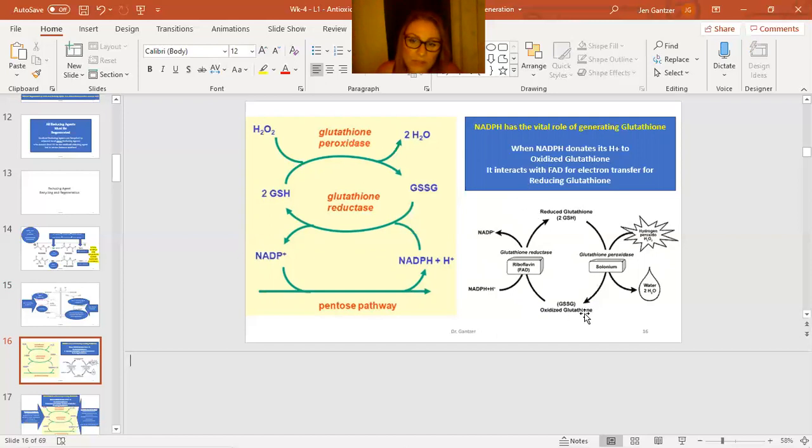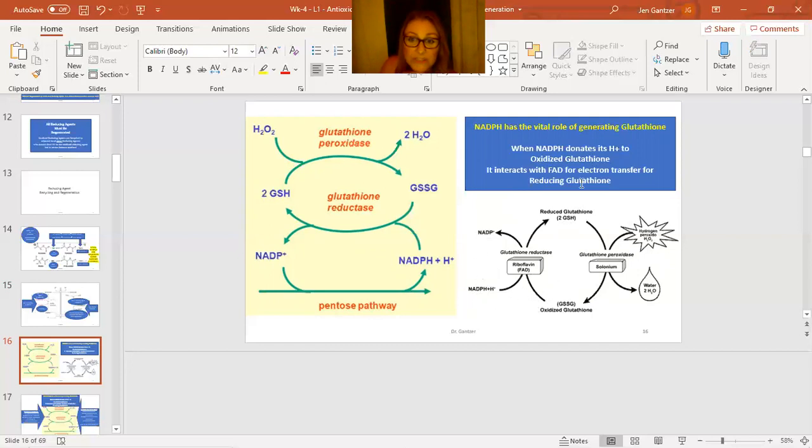So this shows you down here that the oxidized glutathione is depending on NADPH, right? Reduced NADPH is going to react with an enzyme that contains that FAD.